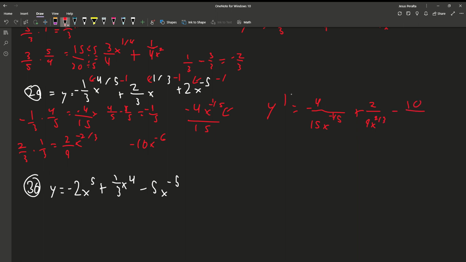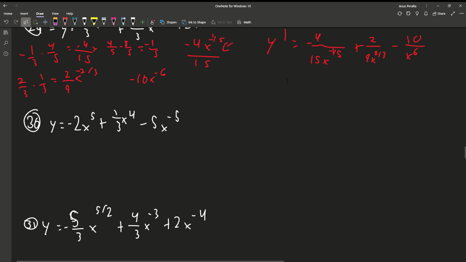And then we have x to the power of negative 6. So it's going to be to the power of 6 at the bottom. See if I got that right. Yep. Oh, by the way, I did not mean to add that. It's a positive. Sorry, it's a positive. 29. Yeah, I'm good. Okay. That's the same thing as saying negative 2 times 5 equals negative 10.